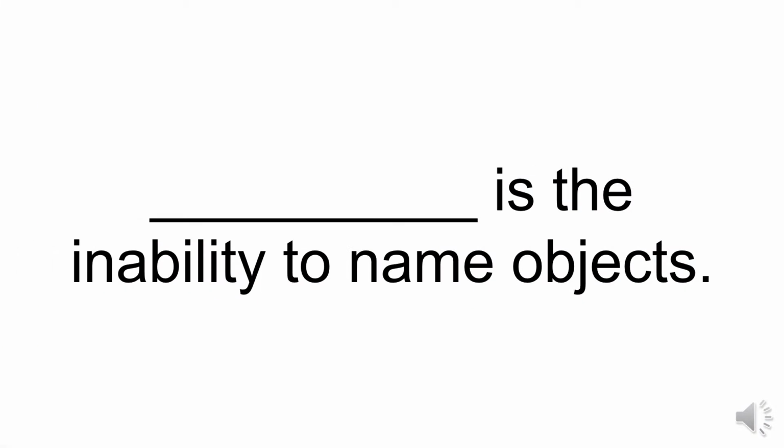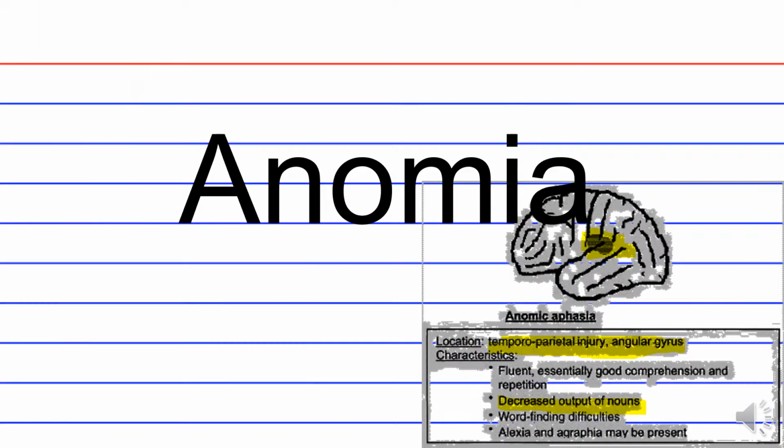Blank is the inability to name objects. So what term describes the inability to name objects? So that term is anomia. Damage to this parietal, temporal, angular sulci region is going to probably have a patient presenting with anomia.